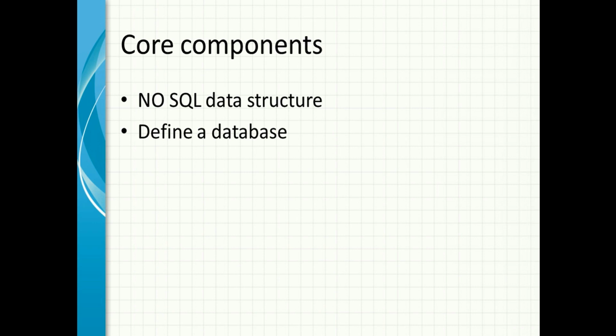So that is how to define a database in DynamoDB. If you want to group related data, we define one database. While creating a database, we need to provide the database name.